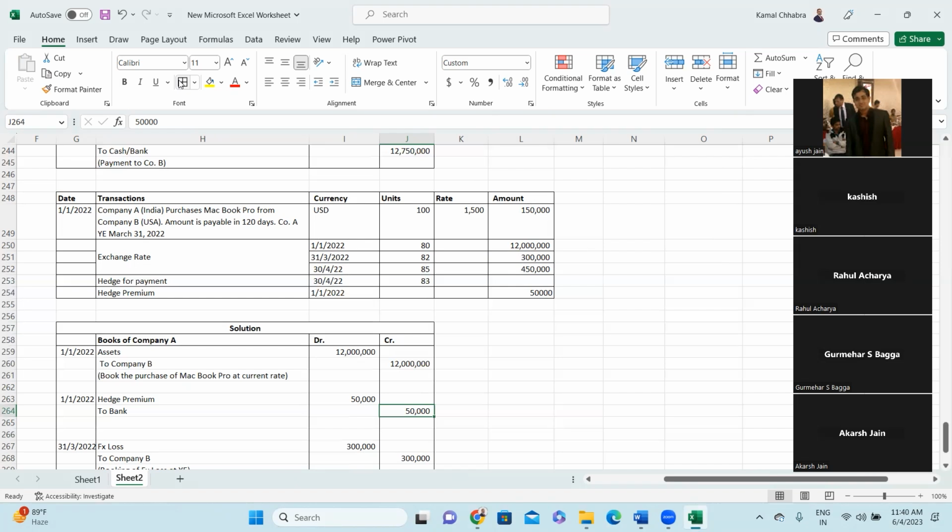So after 120 days, at what price will you be comfortable giving me $150,000? On the other hand, let's say Rahul is there, Kashish is there, Akash is there. Let's assume Akash went to the bank that I have $150,000 receivable from a US company to India after 120 days. What will be the exchange rate you will give me if I hedge that transaction?